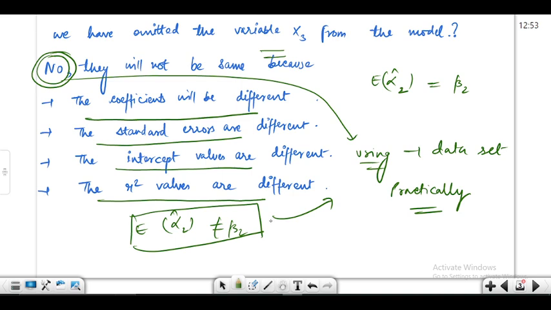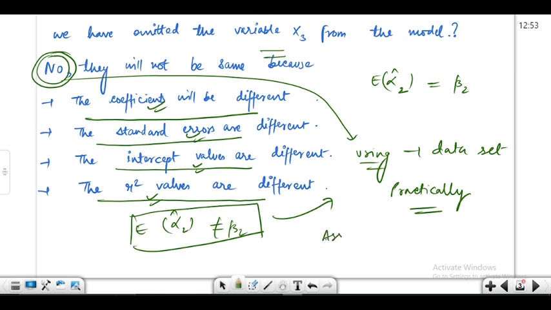So we get to know that if I omit a variable, or if there's a specification bias, the resulting regression equation that I use will not provide the same estimates as the equation that should have been used. All the values, the coefficients, the standard errors, the intercepts, the R square values, will be different for both models.